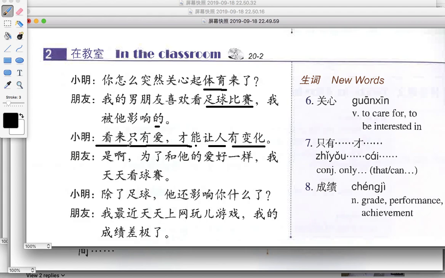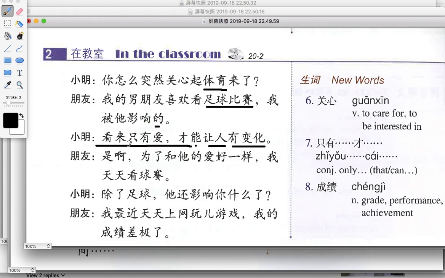看来, 看 is to look, to watch. 来 is come. And it can be translated into it appears that. So you look and the outcome from the looking is, so it appears, right?